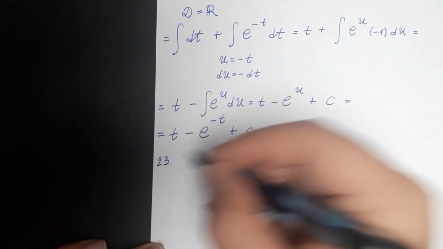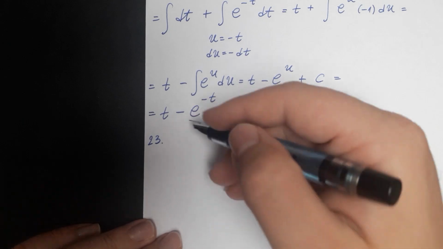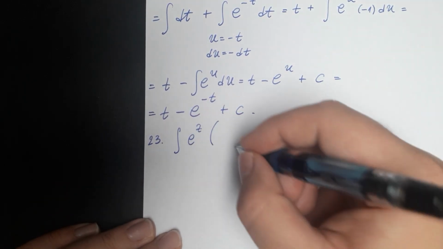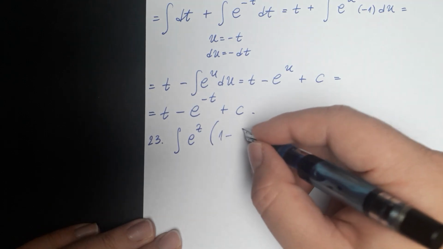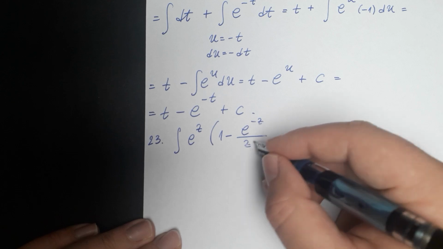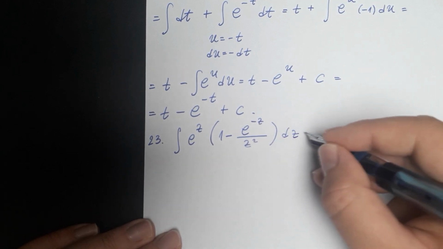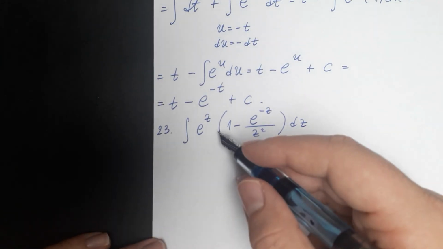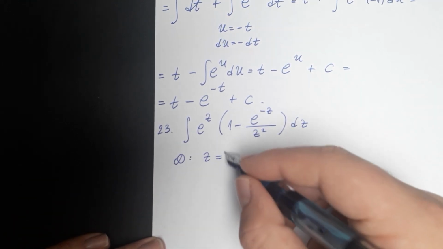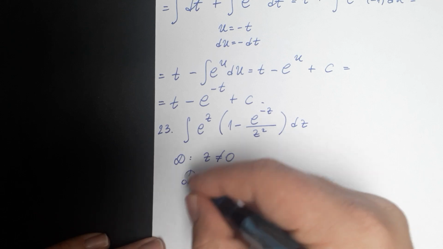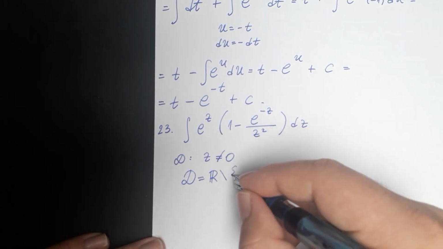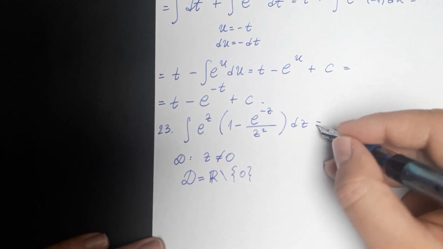The problem number 23 on our list is an integral of e to the power z, and in parentheses 1 minus e to the power negative z divided by z squared, dz. Now this integral is defined for all z's which are different than 0, which means the area in which this integral is defined is the set R without a 0.